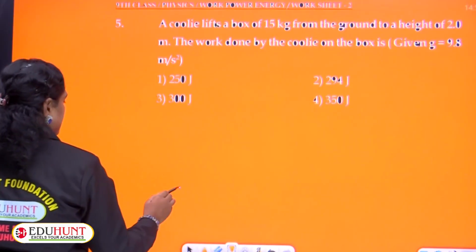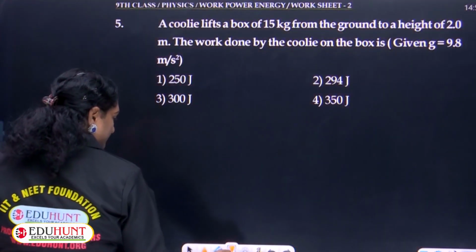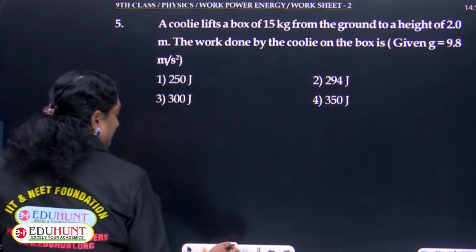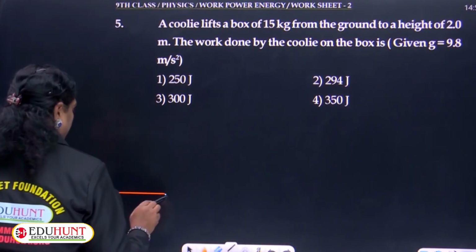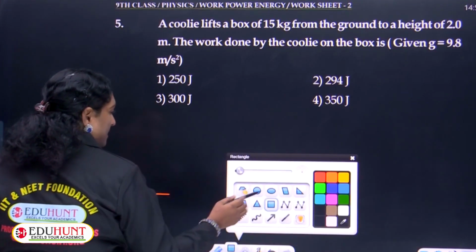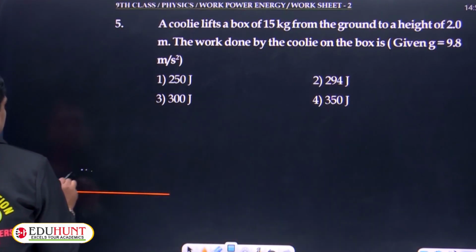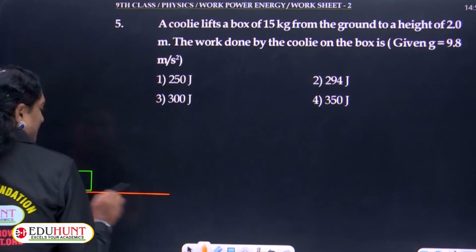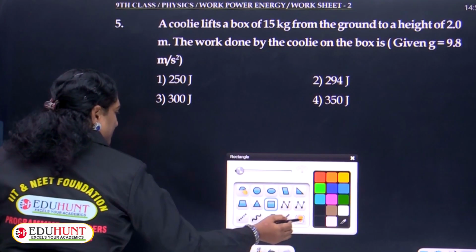First of all, let us consider the block whose mass is 15 kg.